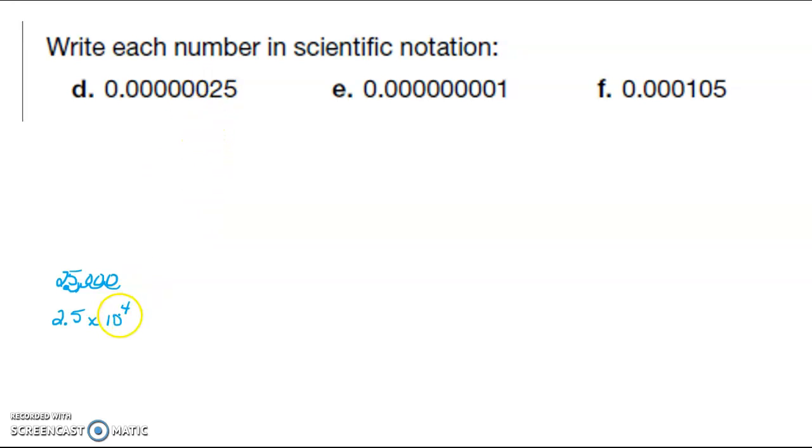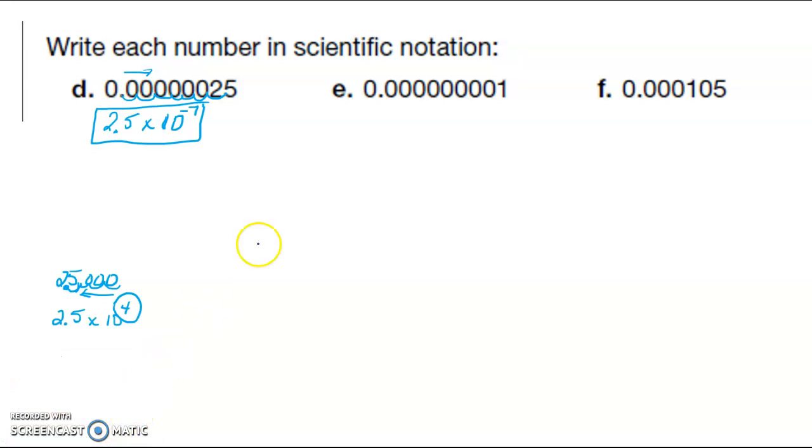Here, the only difference is this exponent is going to be negative, because instead of moving the decimal this way, we have to move it this way. I'm going to put my decimal point right behind the first number that's not 0. We have all of these zeros, so this is going to be 2.5 times 10 to the -7.